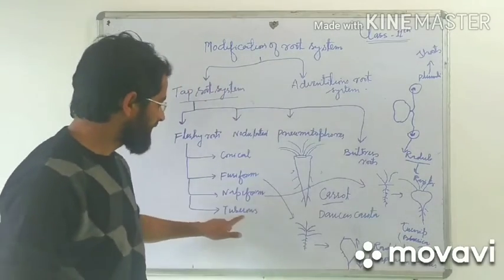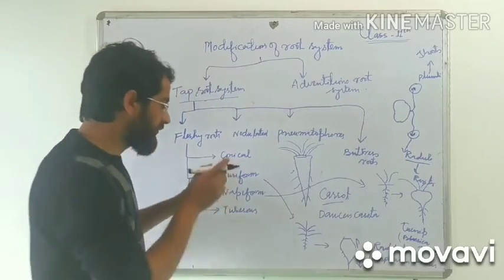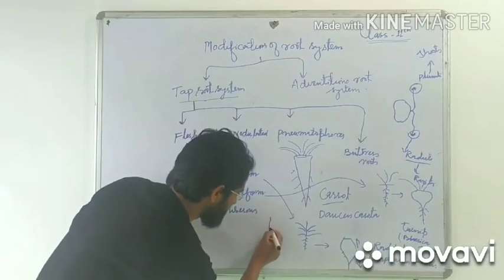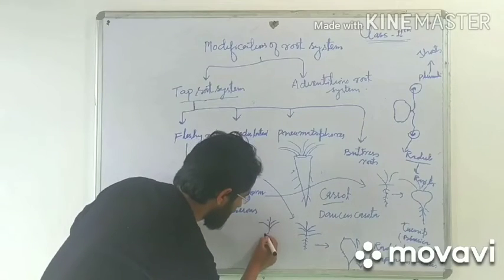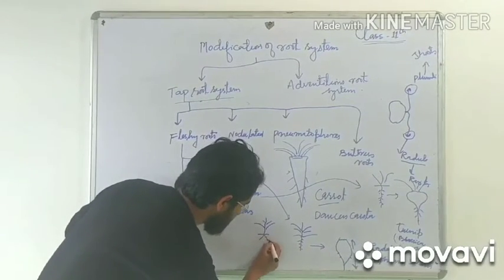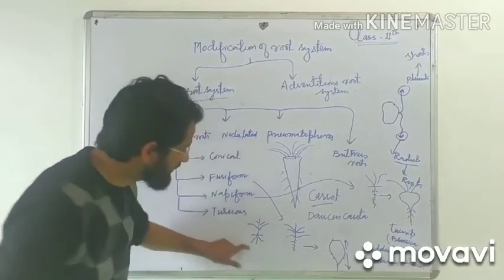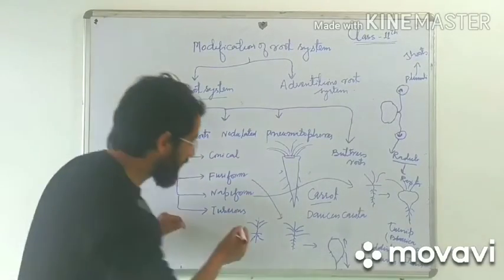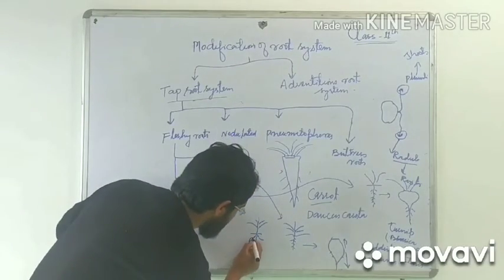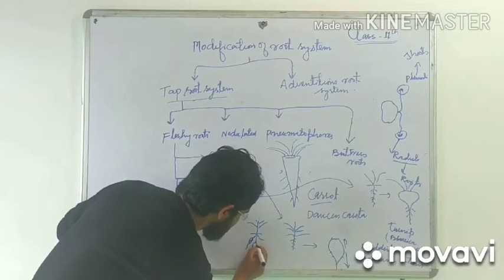Finally, tuberous roots. This is a plant, it develops roots, and these roots get bulged out, forming tuberous-like structures.